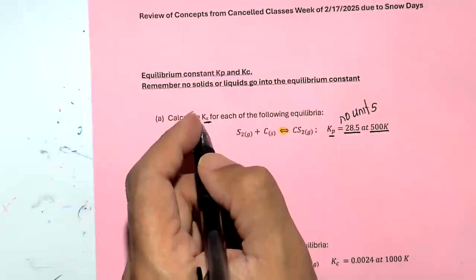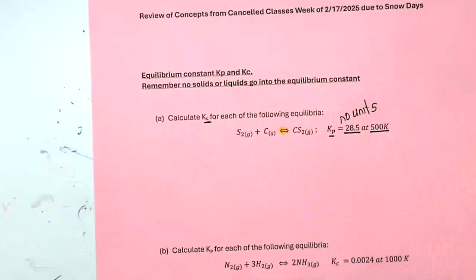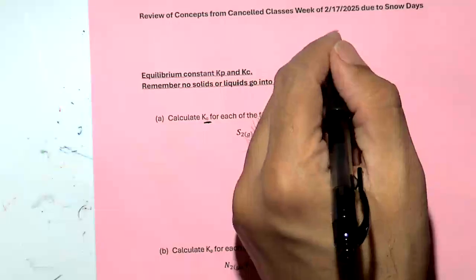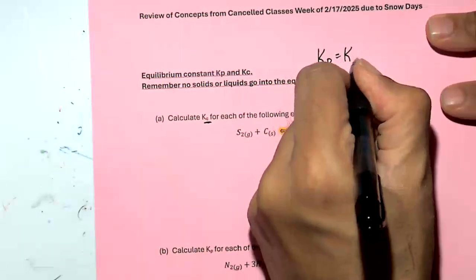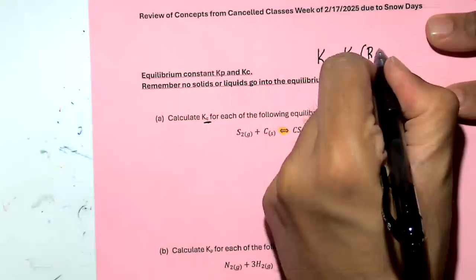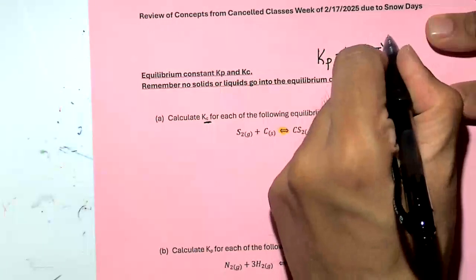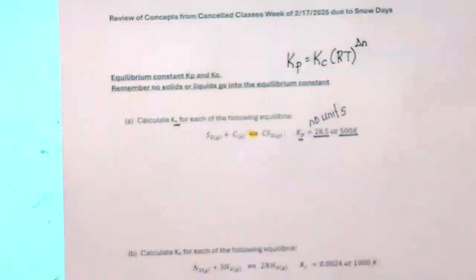I'll give this to you on the exam, so you do not have to memorize it. So Kp is equal to Kc times, this R, gas constant R times temperature T, raised to the power of delta n.